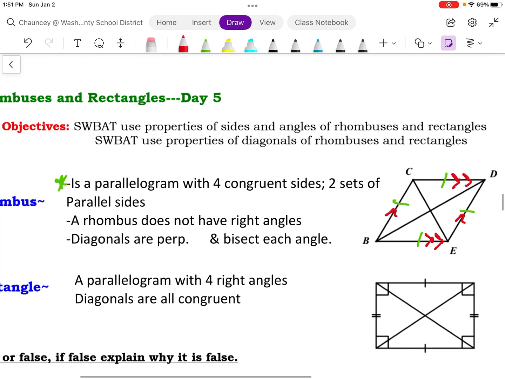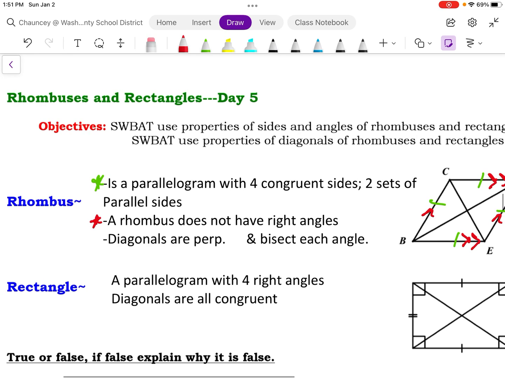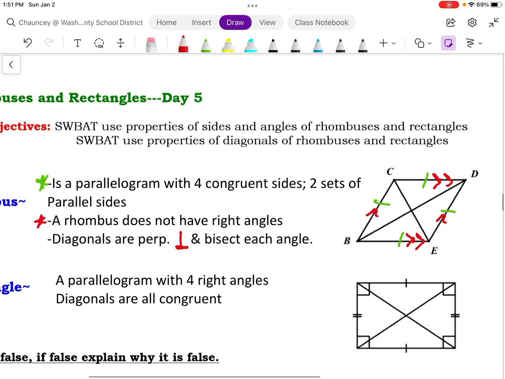Also, you can note that a rhombus does not have right angles, unlike a rectangle. And diagonals are perpendicular. If you ever see the sign that kind of looks like that, they are perpendicular and they bisect one another. So what does that mean? When they bisect and they're perpendicular, we know that they create right angles. So if they create a right angle, that means that angle is 90 degrees.